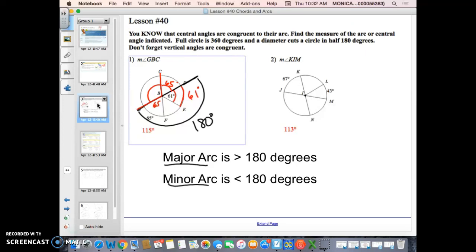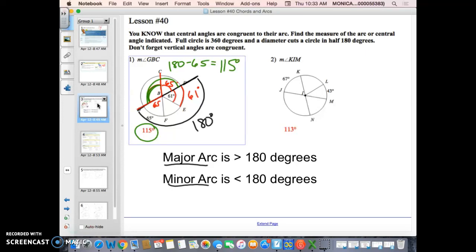Now what you should notice is that this part right here is 180. So if you do 180 minus 65, you get 115 degrees, and that is this angle right here. So the answer is 115 degrees. Now, would that be considered a major arc or a minor arc? Well, it would be a minor arc.